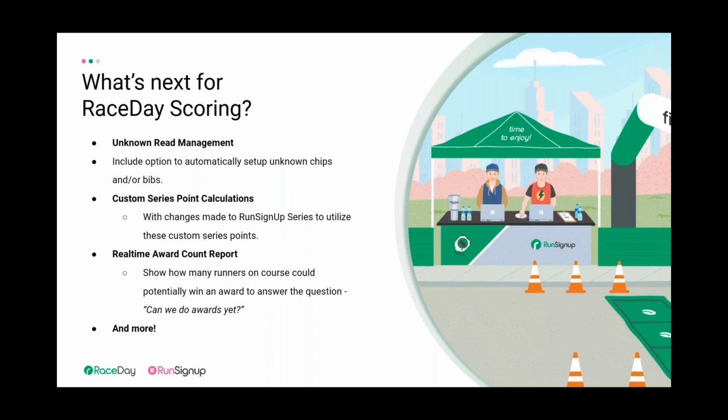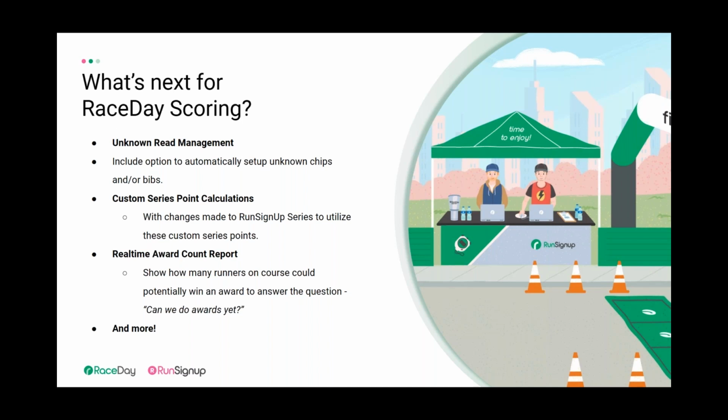And this will allow us to then basically go on to the next thing, which will be on RunSignup. We are going to update the series scoring functionality that they have right now. They do a really good job of mapping registrations between different events, and they'll be able to use this custom series point that is calculated in RaceDay Scoring as the basis for their series standings.